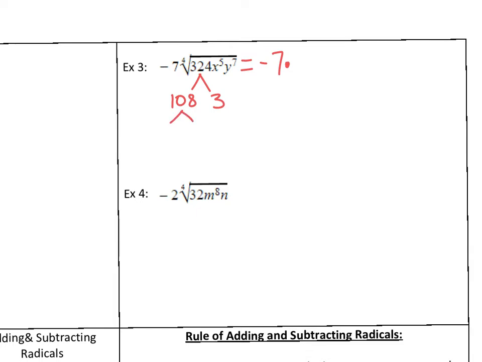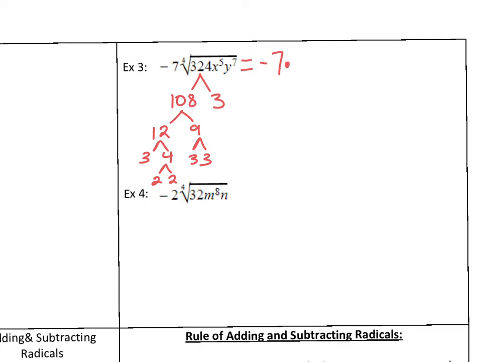108, that's going to break down. What can that break down to? 12 and 9. What about 12? Yep. And the 4 breaks down to 2s. The 9 breaks down to 3s.